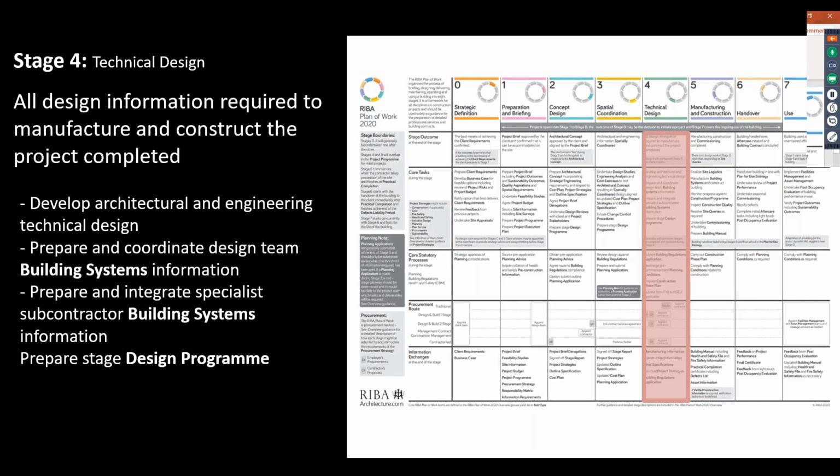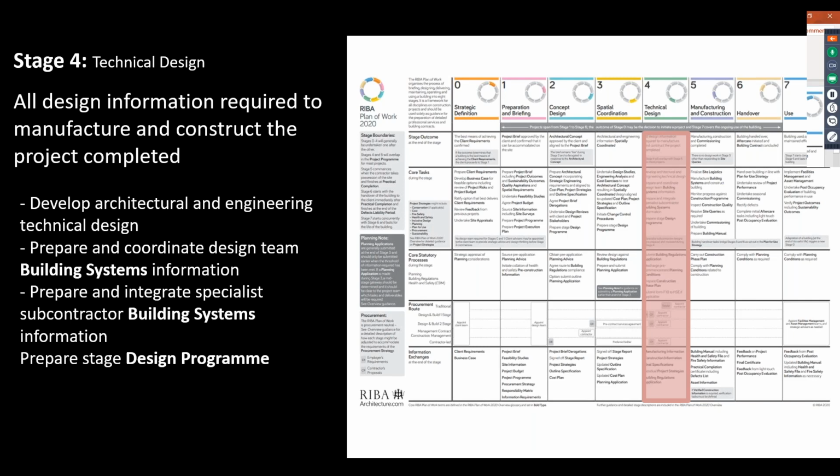Now, it is common for stage 4 and stage 5 to run concurrently. So, for example, depending on the procurement route, the contractor might be on board halfway through stage 4 and work may have commenced on site. And of course, the procurement route that has the maximum overlap between design and construction, management contracting, that may be quite early on in the technical design that we're actually commencing with stage 5.